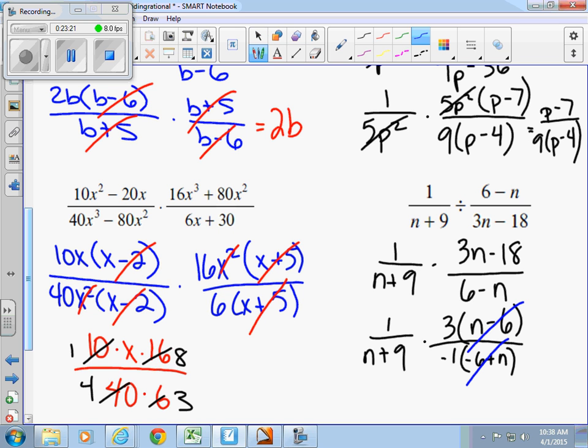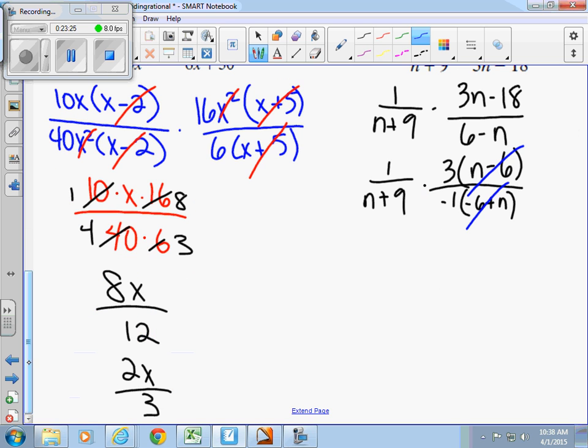So I get 3 over negative n minus 9. Why is it negative n minus 9? The negative 1. And you could have put the negative 1 on the top. It'd be negative 3 over n plus 9, which is equivalent. So you could get some different answers, but they are all equivalent.